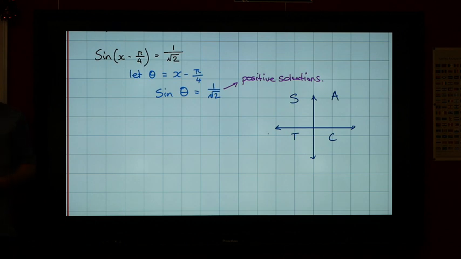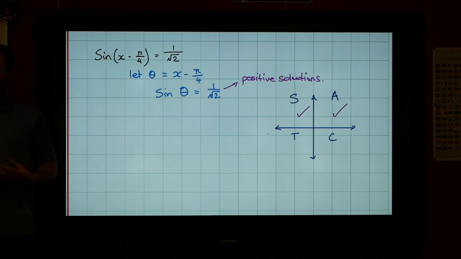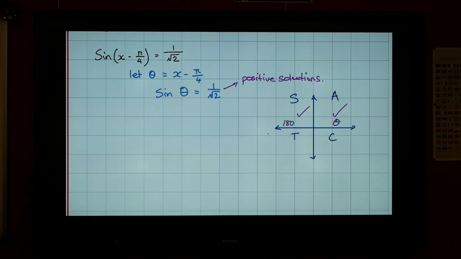Does that make sense? And when is sine positive? It's positive in the first 2 quadrants. So I only want solutions for theta in the first 2 quadrants, which would be just theta, and it's going to be 180 minus theta. Is that okay? Cool. So that's the last time we're going to think about all stations to central.